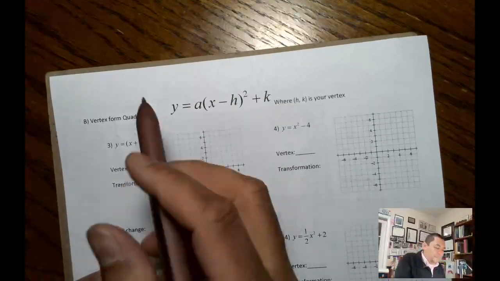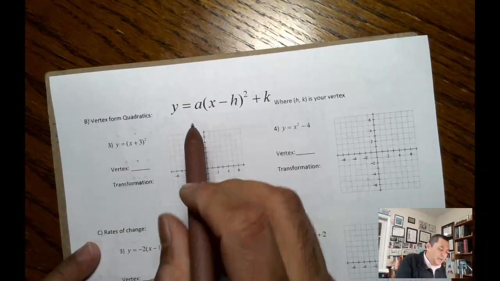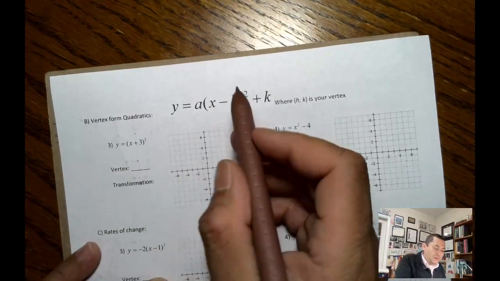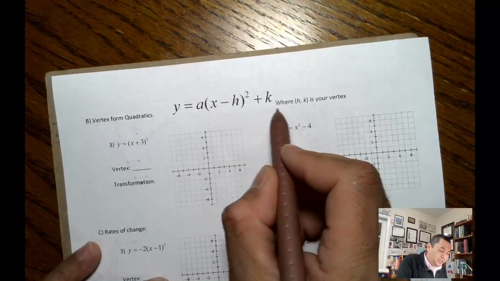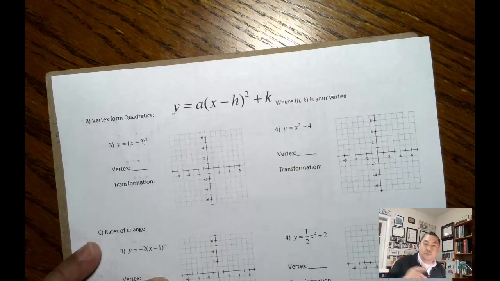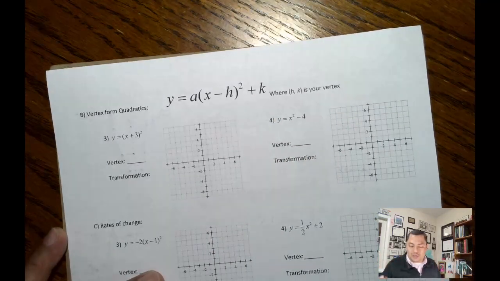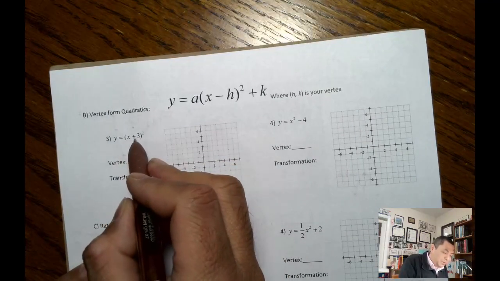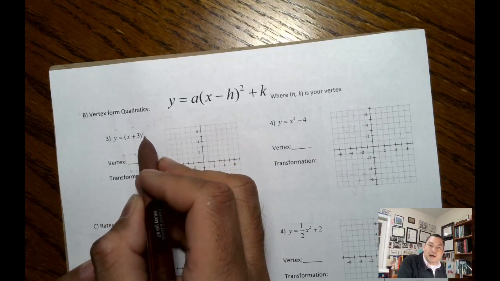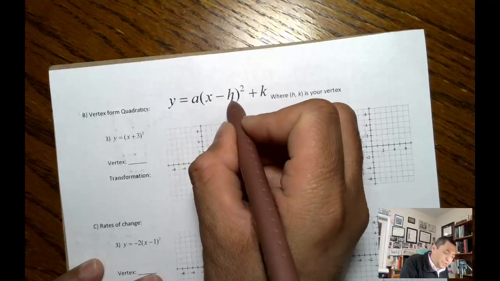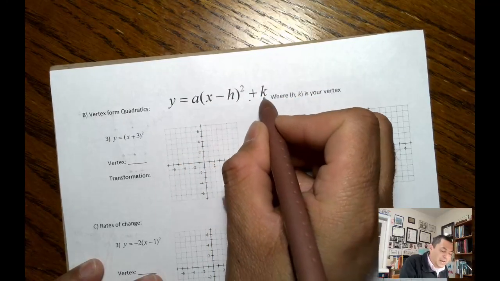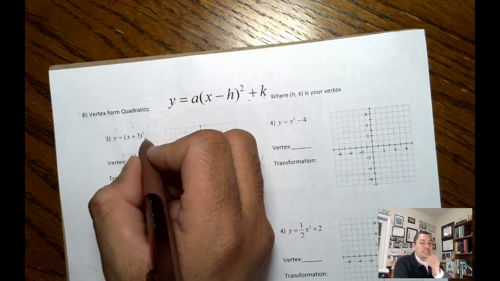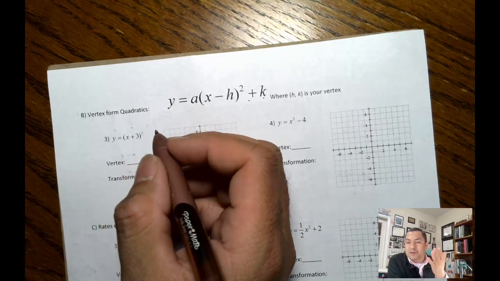Examples. So, vertex from quadratics, we have the vertex form. We know that (h, k) is your vertex, so we're going to start from that point. For example, I have (x plus 3) to the second power. I'm missing k. If I'm missing k, it's the same way as saying I don't have money.